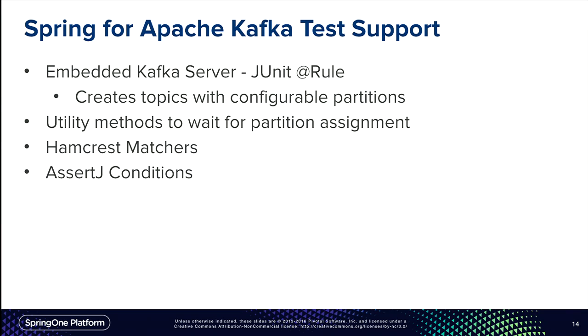So there's a utility method there to wait until the topics have been assigned by Kafka and everything's settled down. Once that has happened, then we can start publishing, and it makes the tests more resilient. And then a couple of other things: there's a utility method for setting up a consumer and a producer, and some matchers for Hamcrest and AssertJ.